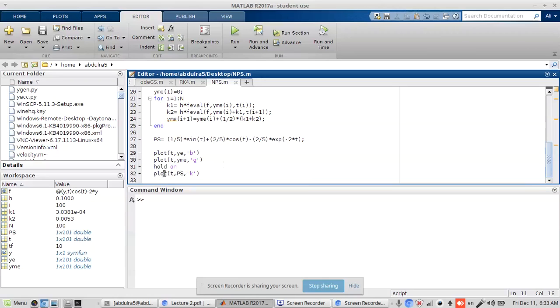All right. So let's remove this for a little while and see.